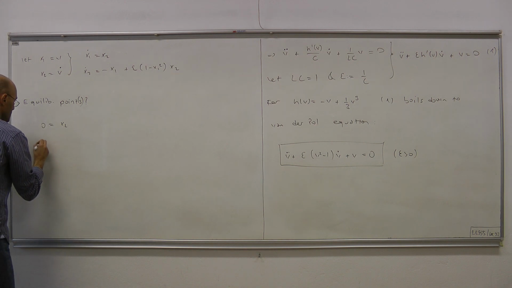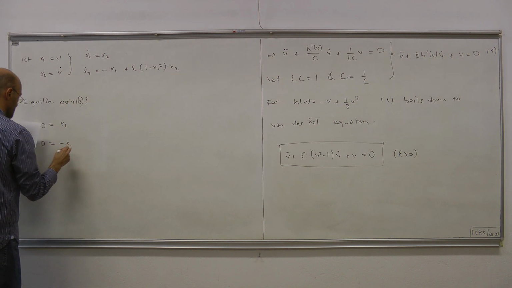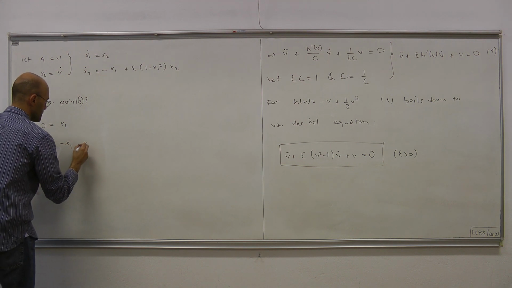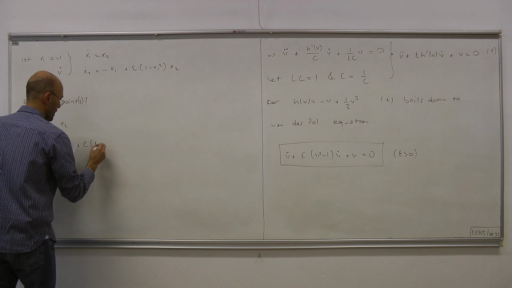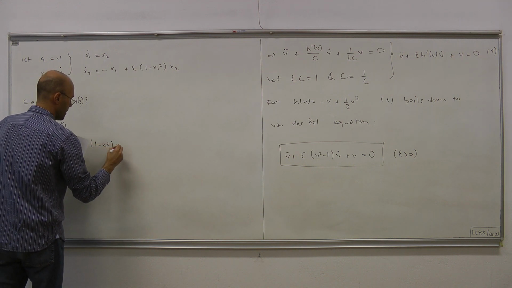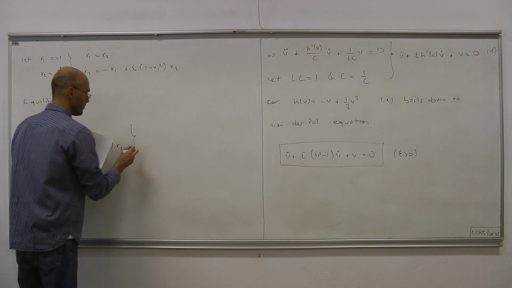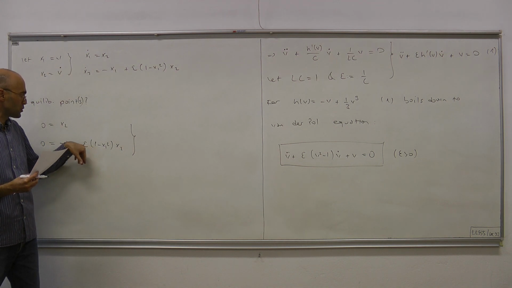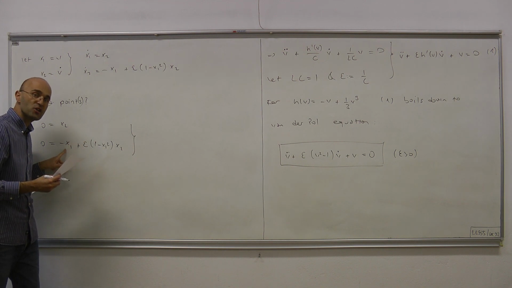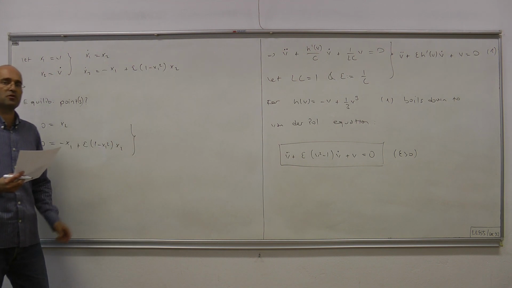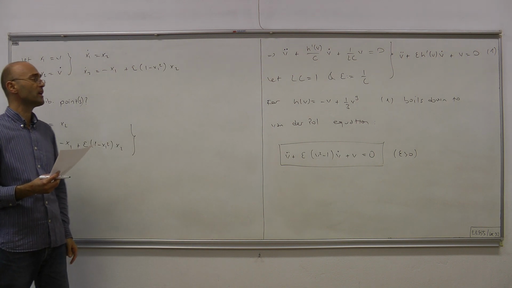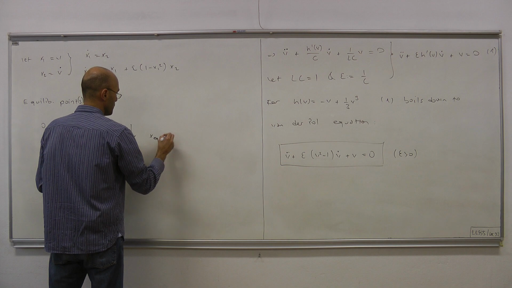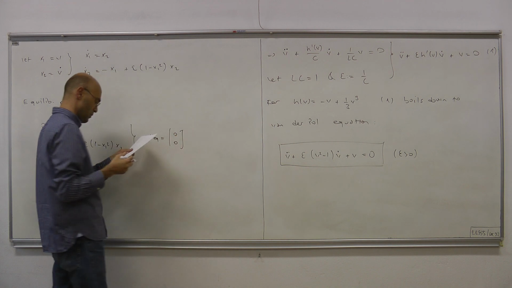And for the other equation, 0 equals minus x1 plus epsilon (1 minus x1 squared) x2. Now at equilibrium, x2 equals 0. If x2 equals 0, then this term just goes away, and what we have is minus x1 equals 0, therefore x1 must also be 0. So therefore there's only one equilibrium point, and that's the origin. Hence, x equilibrium is the origin.